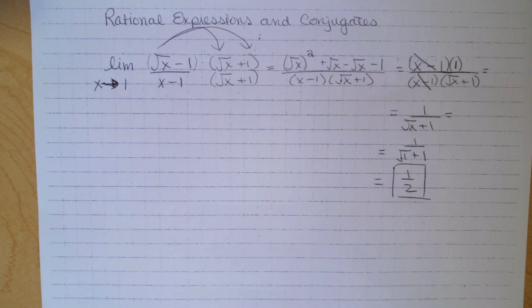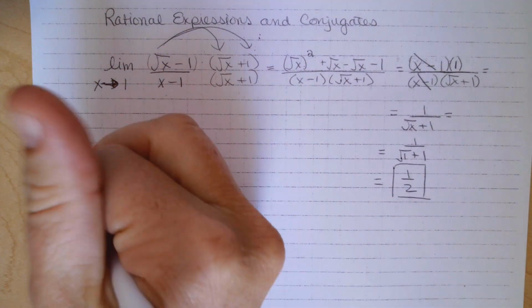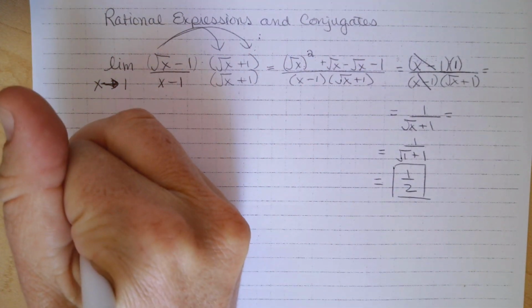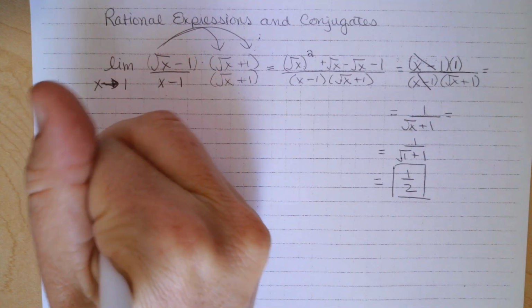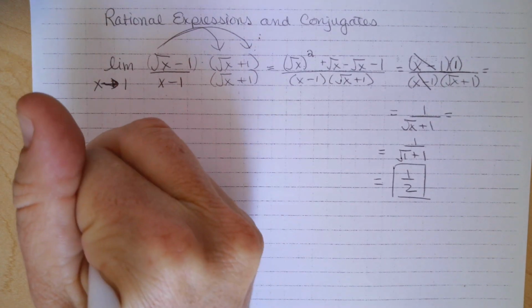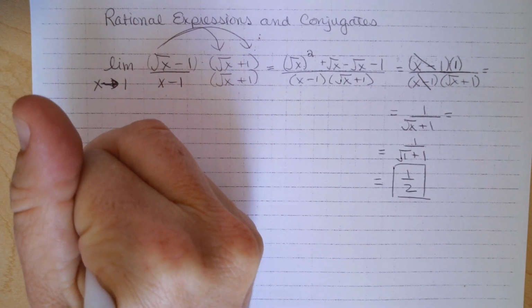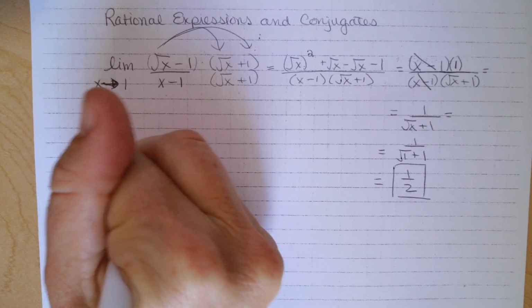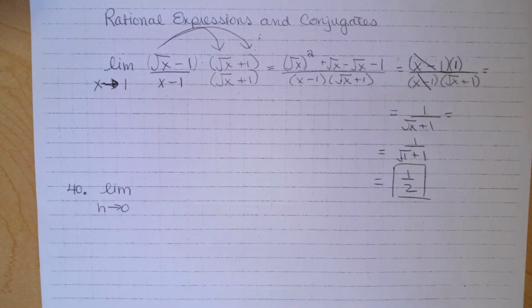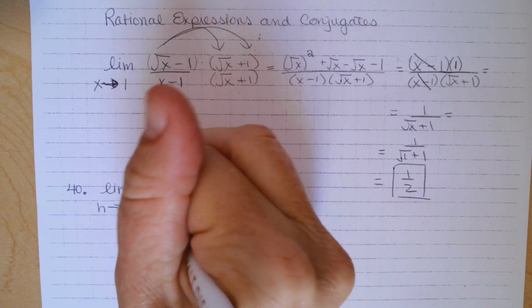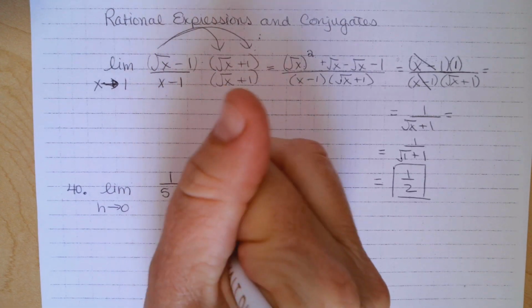So let's go ahead and look at one more that you're going to look at, and it might make you a little nervous, but this is going to be number 40 from your book. And this isn't exactly multiplying by a conjugate, but just manipulating algebraically.